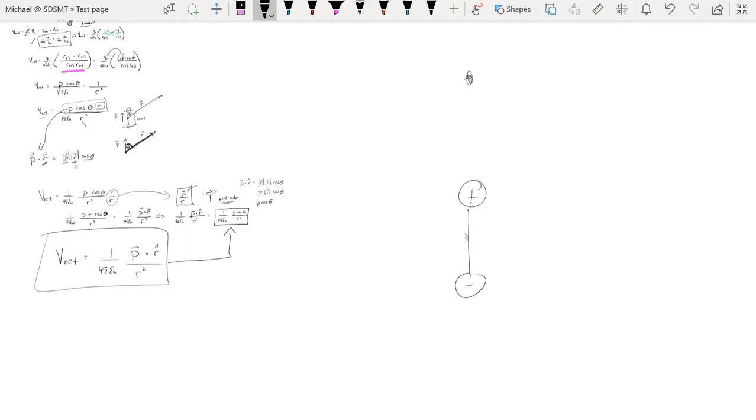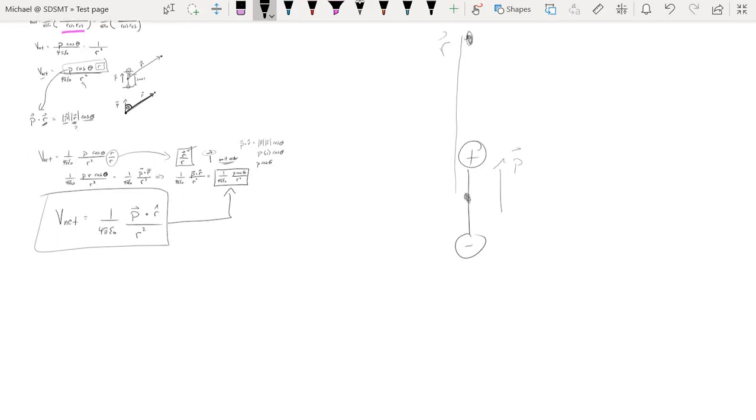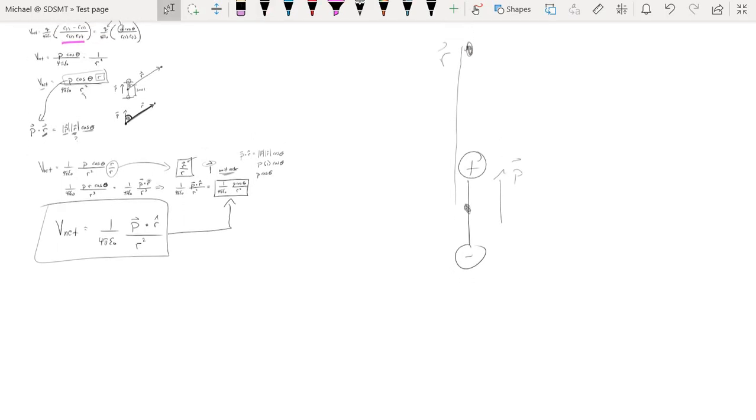What would we get if we were a distance r directly above the dipole moment? Well, in this case, we would have our two vectors running parallel to each other.